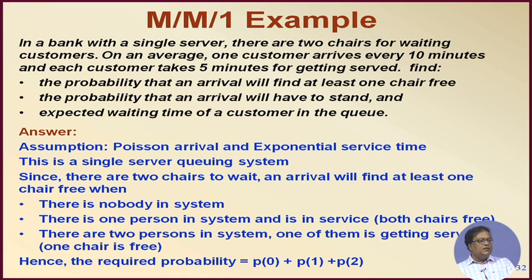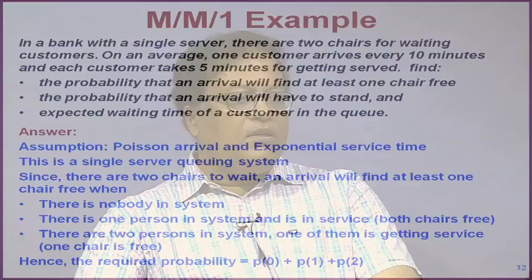Find the probability that an arrival will find at least one chair free, the probability that an arrival will have to stand, and the expected waiting time of a customer in the queue.